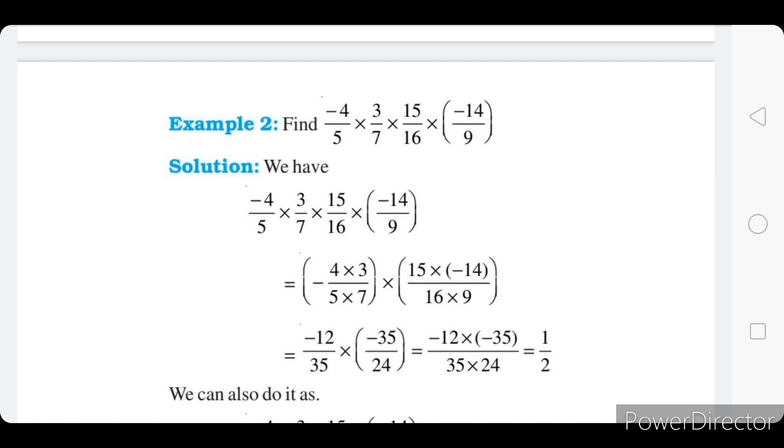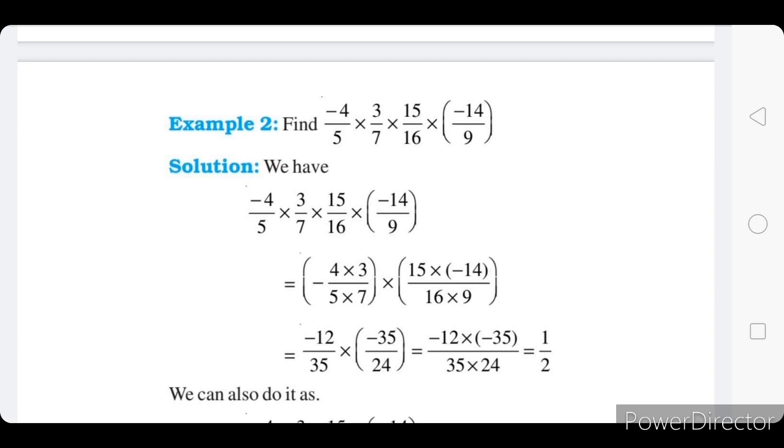The statement is given: minus 4 upon 5 multiplied by 3 upon 7 multiplied by 15 upon 16 multiplied by minus 14 upon 9.